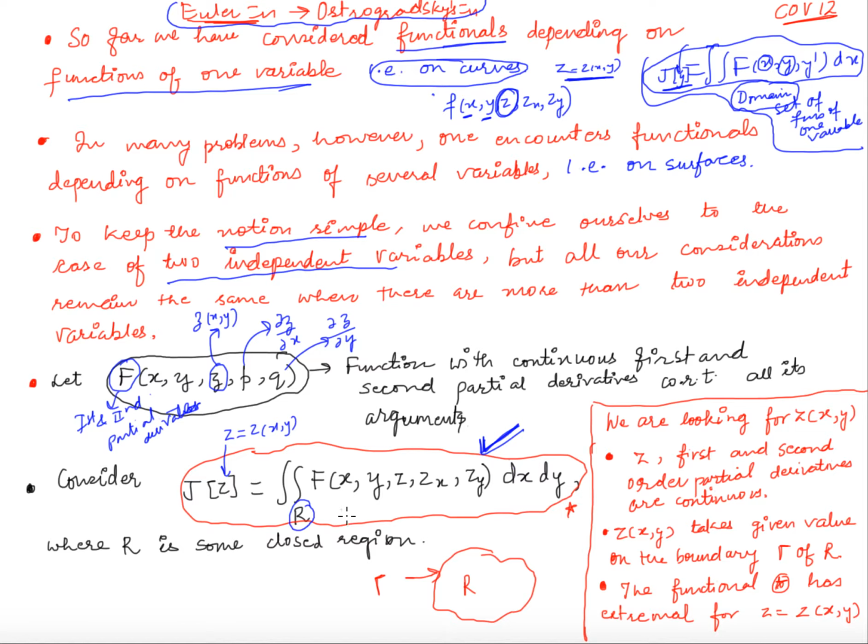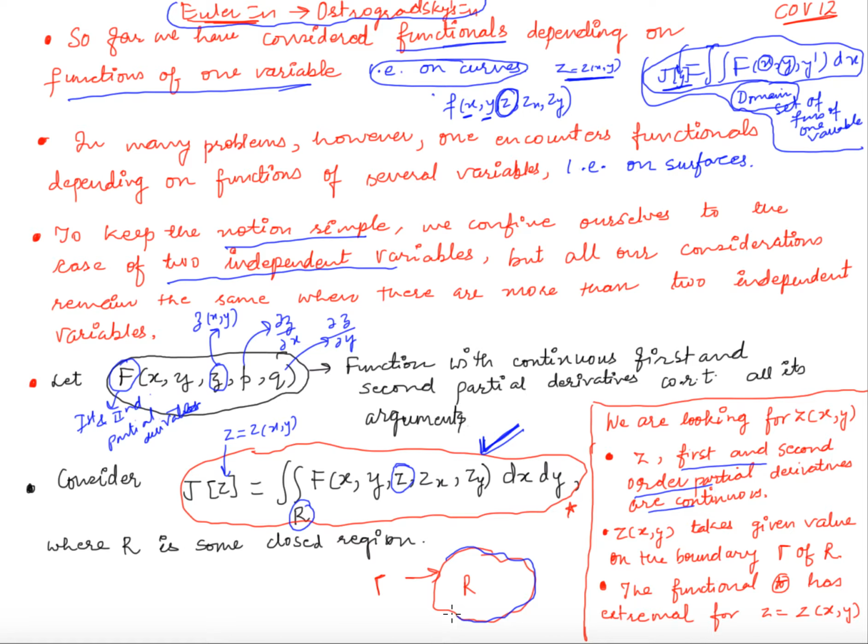This is a functional, and what we are trying to find is a function z of x, y such that the first and second order partial derivatives of z are continuous. Then z satisfies a given boundary condition. So you have this closed region R, and this is the boundary of that region.